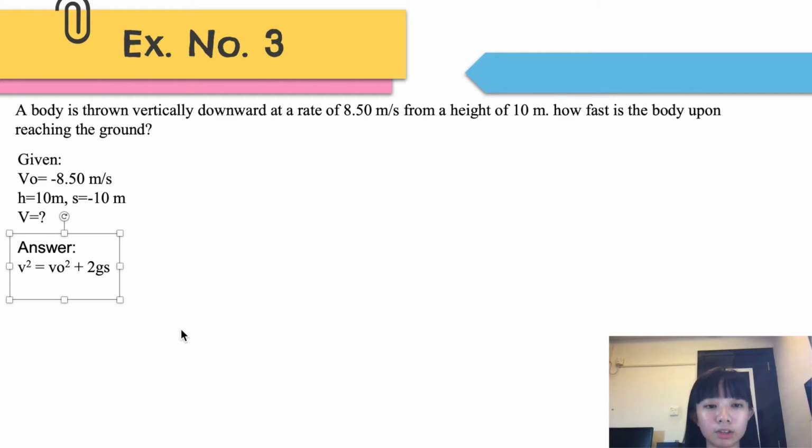Next, we will substitute the values inside. So velocity squared equals the initial velocity, which is negative 8.5, squared, plus 2 times the acceleration due to gravity, which is negative 9.8, and multiplied again by the displacement, which is negative 10.